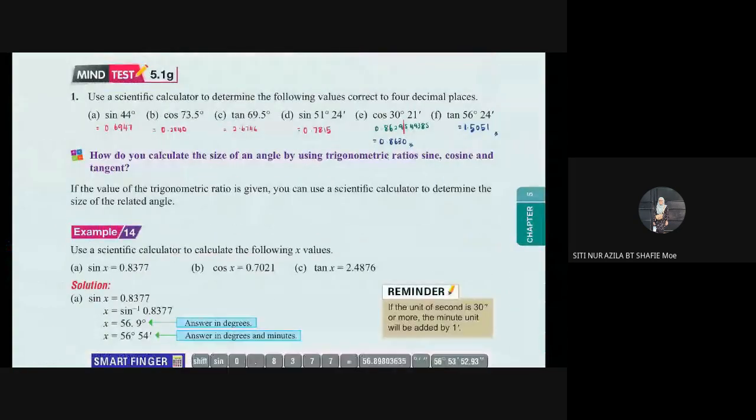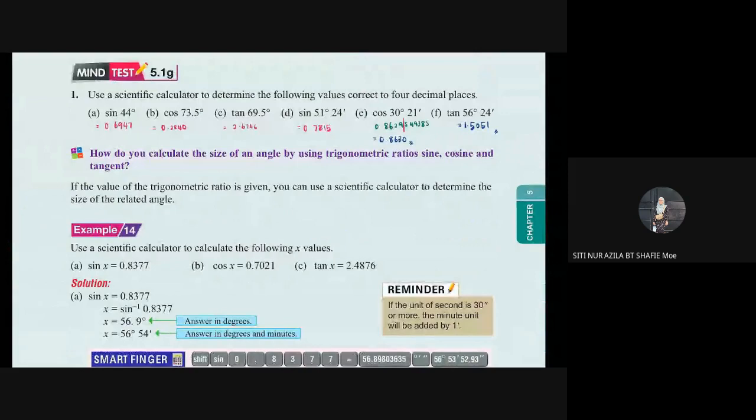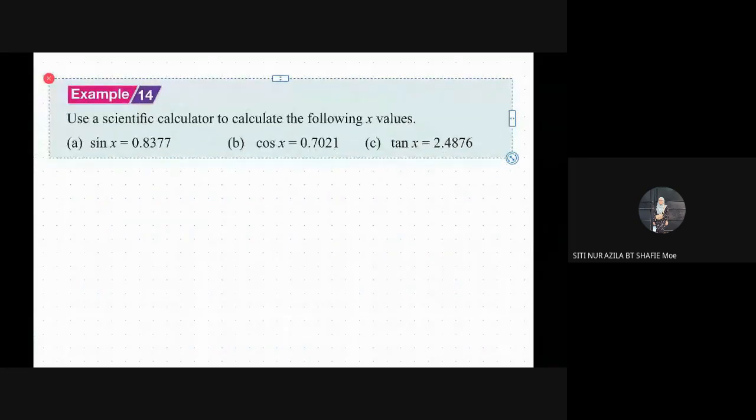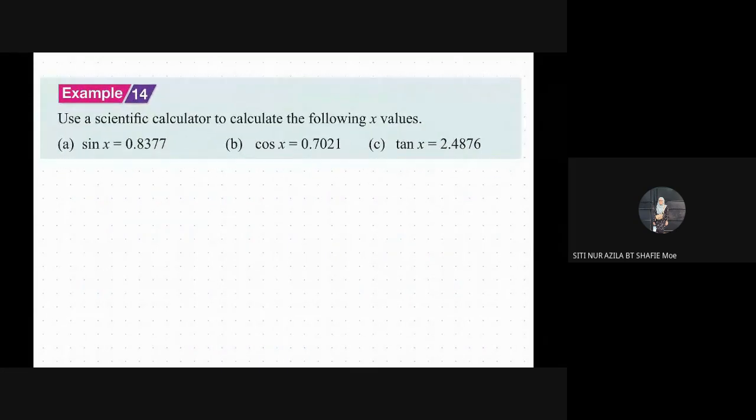So now, what if you want to find the value of x or the value of angle given the value of sin? So let's discuss example 14 from your textbook. Use a scientific calculator to calculate the following x values.